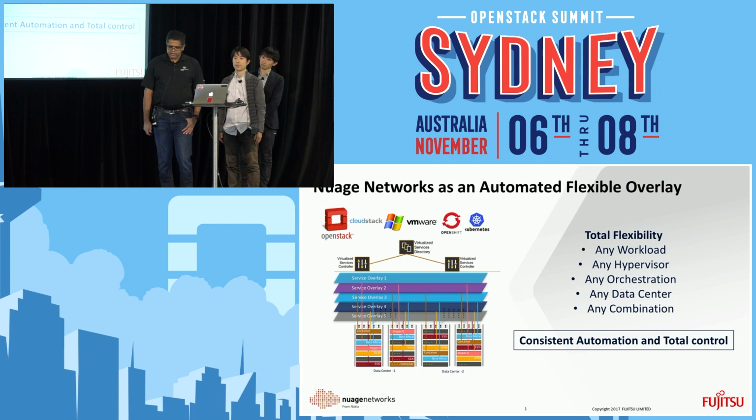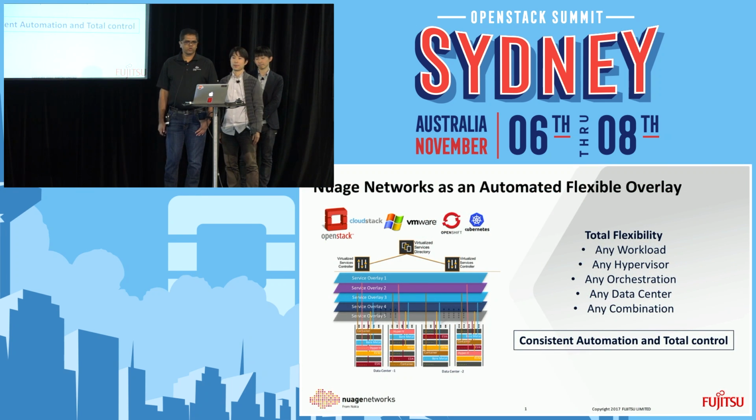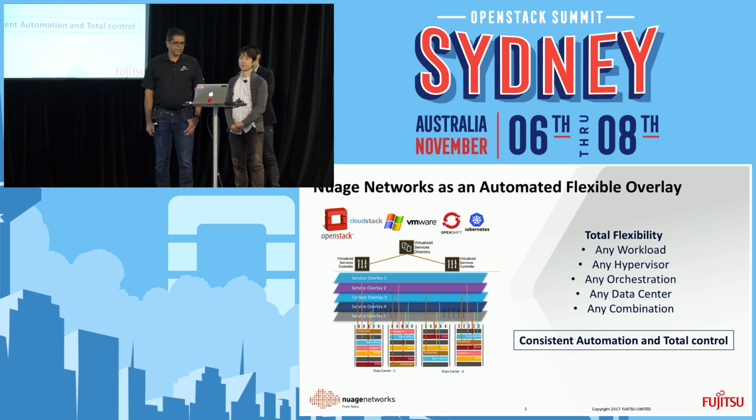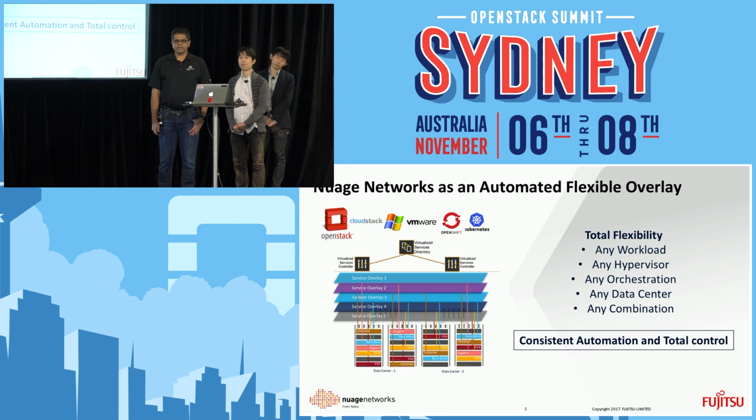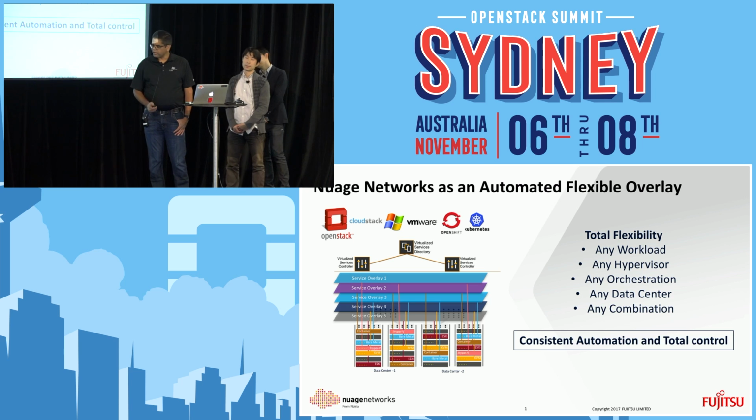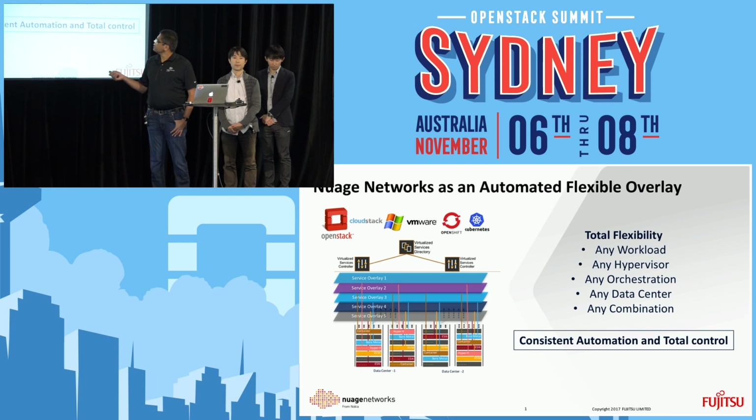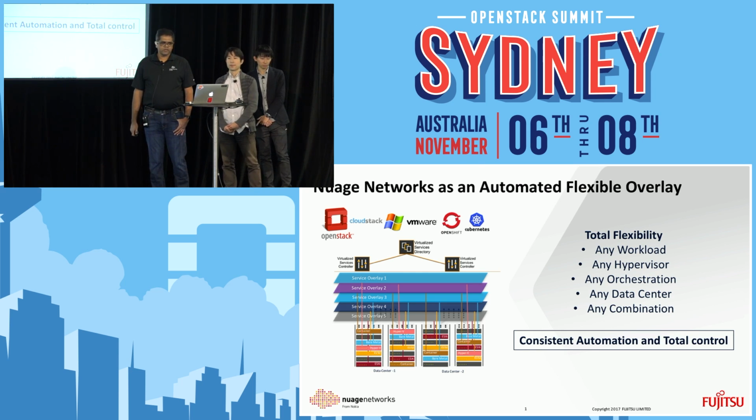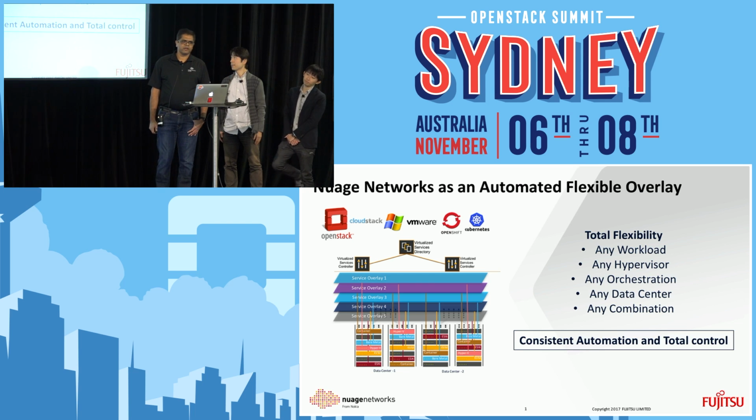So before we dig into that, just a quick overview about what Nuage VSP provides. Nuage VSP is an SDN controller. We provide connectivity for multiple types of workloads, be it VM, bare metal, containers. We integrate with multiple cloud management systems, the key one being OpenStack, but we also have integrations with CloudStack, VMware, and container orchestration systems like Kubernetes and OpenShift.